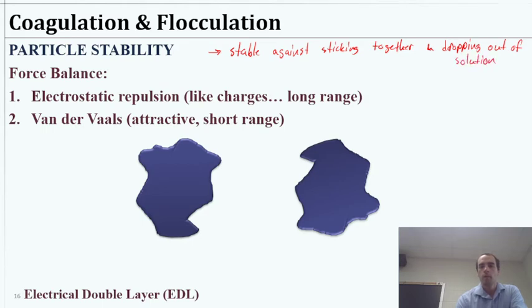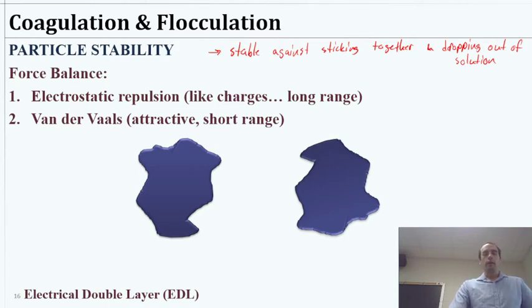Okay, so if that's our particle stability, there are some forces and reasons why particles might be stable, and we need to understand those in order to understand how to destabilize them to cause them to stick together and drop out.